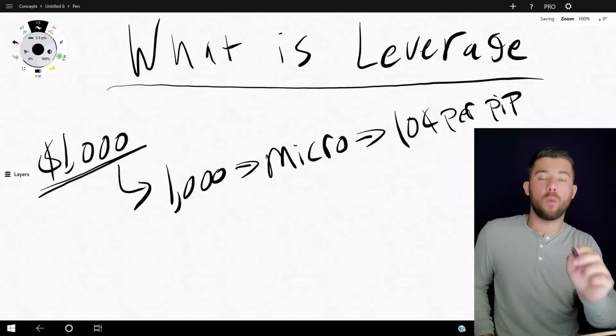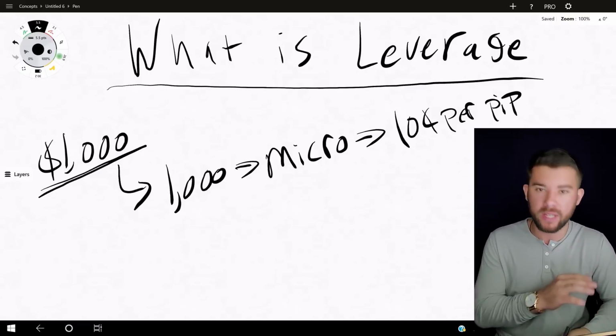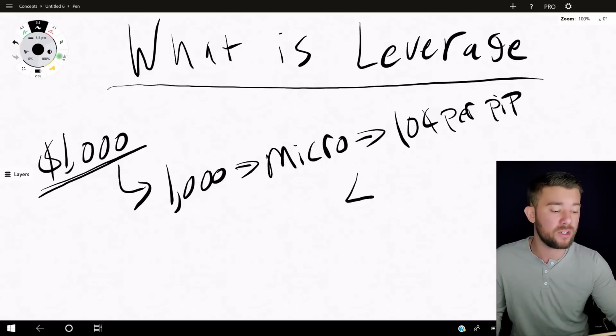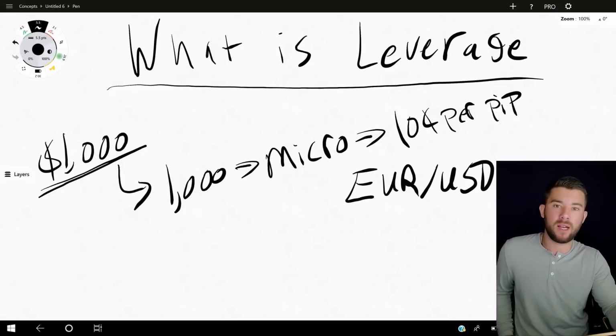So if you have a $1,000 account, you can trade at maximum, if you are all in on a trade, 1,000 units of a currency. Let's say you have 1,000 units of the euro dollar. And you say, cool, I have 1,000 units. This micro lot means that every pip the euro dollar moves is 10 cents per pip.